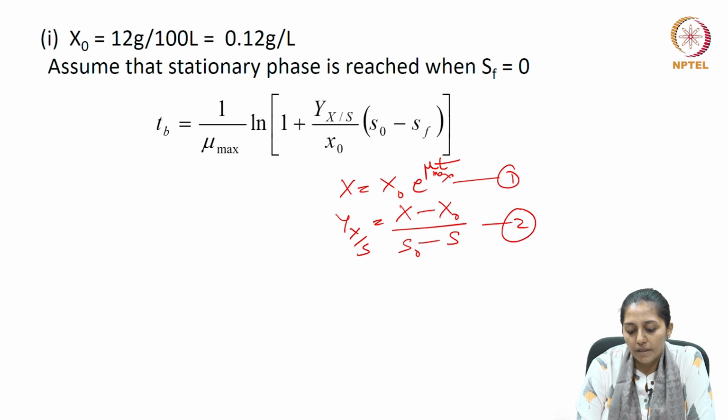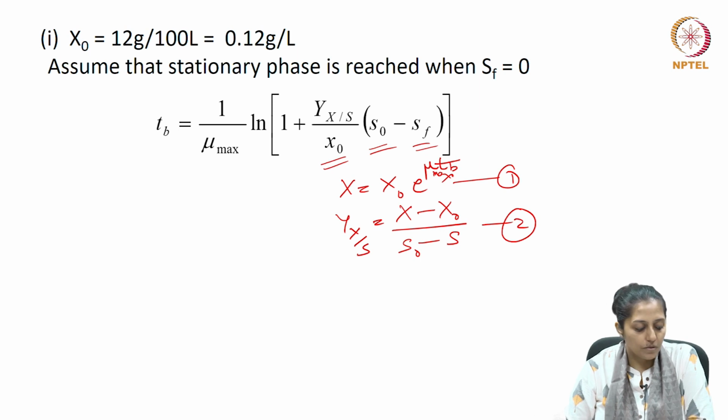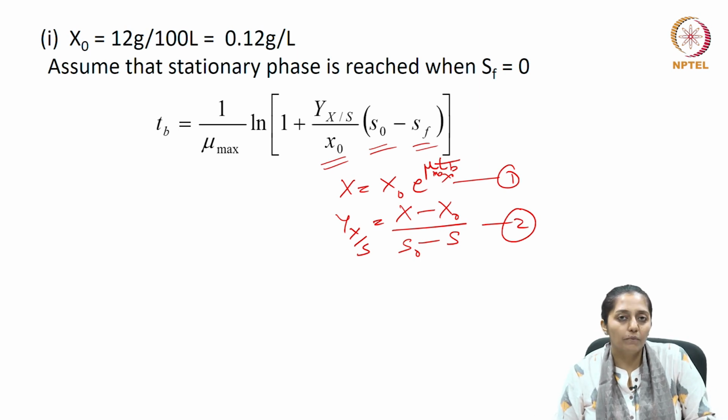Then we could relate the batch time as a function of the substrate concentrations and the initial biomass, because the final biomass is not known. So, there can be more than one way to solve a problem. Here you can calculate the batch time after putting the known values in this equation.